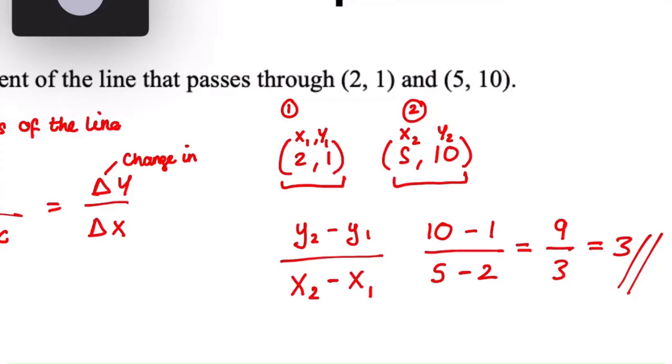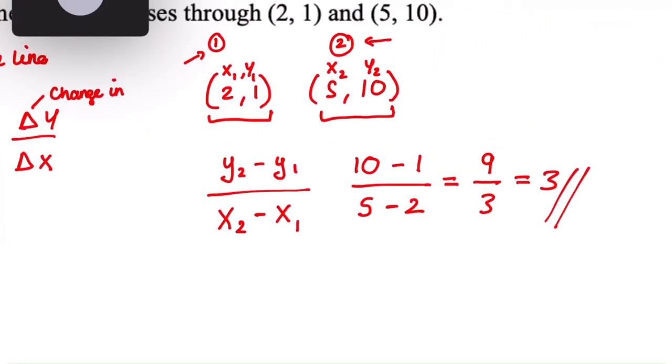We're going to label the coordinates x, y, x, y. First of all, we label the first coordinate as 1 and the second coordinate as 2. Then we label each of the numbers as an x coordinate or a y coordinate. For the first coordinate, 2, 1, we label the x coordinate as x1 and the y coordinate as y1.